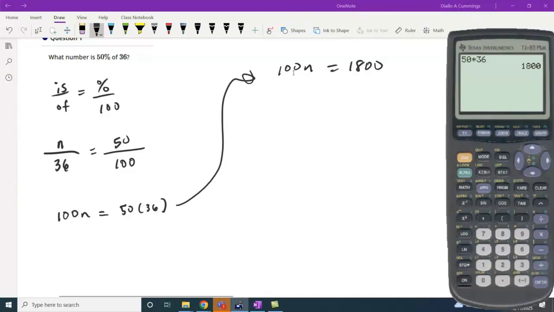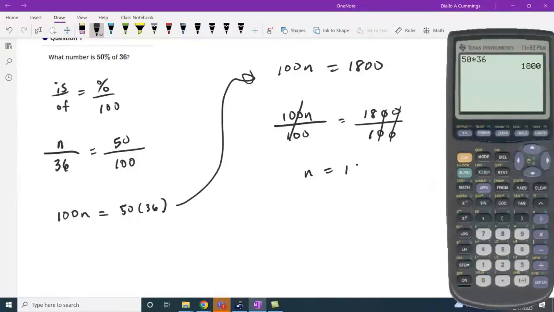The opposite of multiplying N by 100 is to divide by 100. You always want to isolate your variable. The properties of equality tell you whatever you do to one side, do the exact same thing to the other side. On the left-hand side, the 100 cancels, and we're left with N. These two zeros cancel, so N is equal to 18.